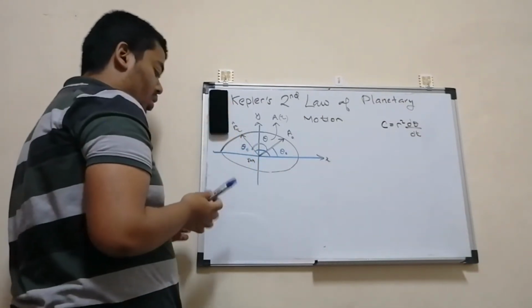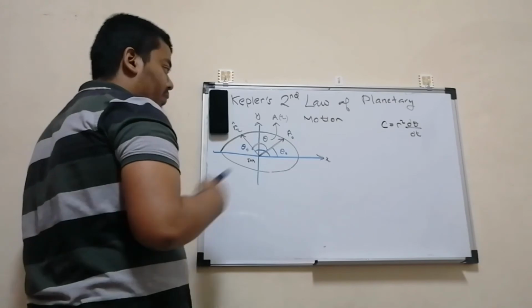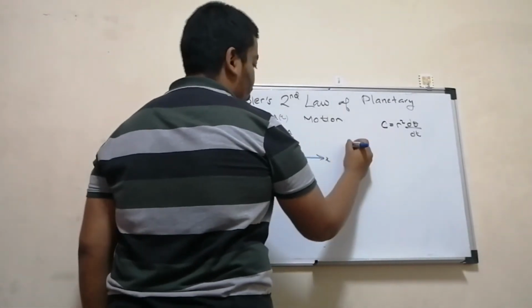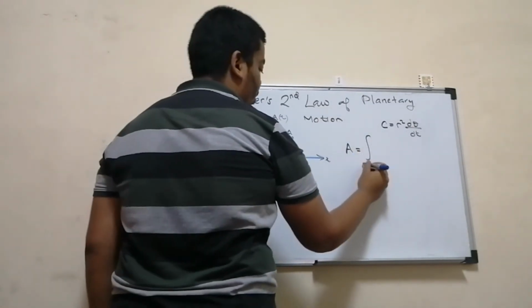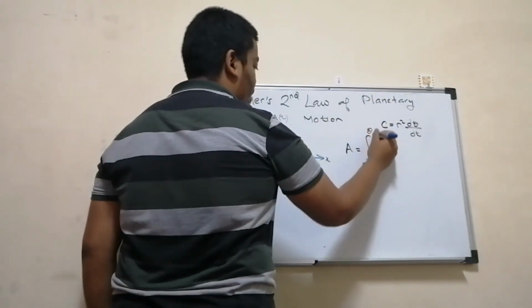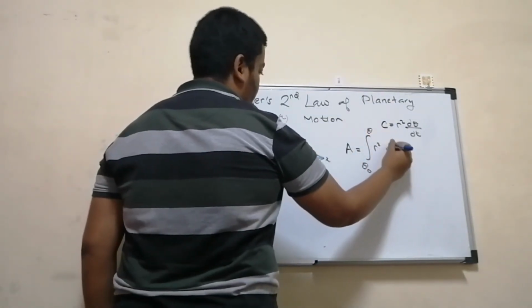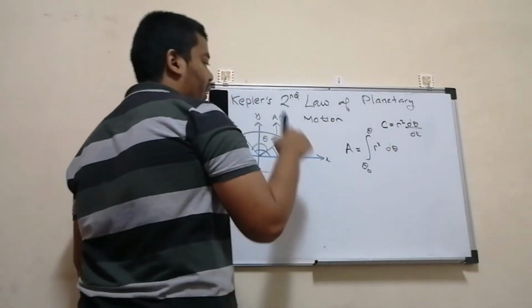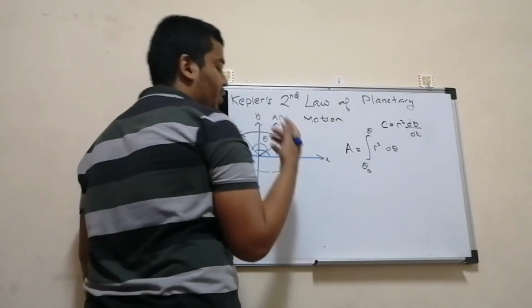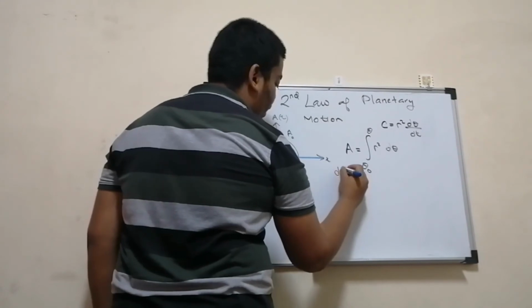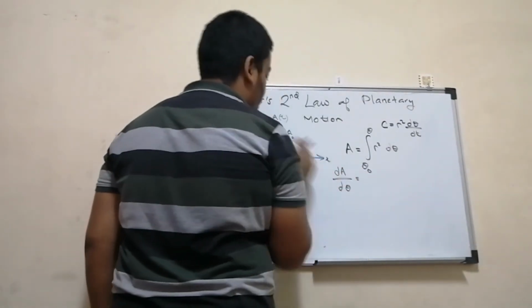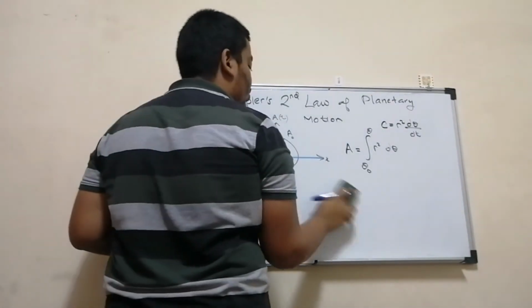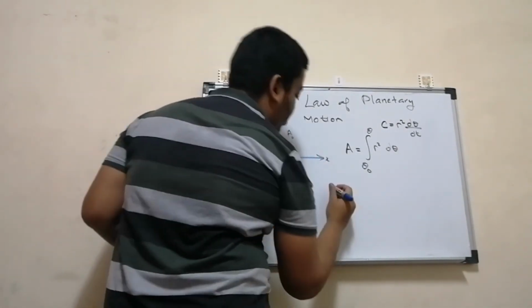So, if you guys remember, area was given by A is equal to the integral from theta initial to theta final of r squared d theta. I'll differentiate both the sides with respect to theta, so it will be dA over d theta. Let me just write it down a little bit below so that it does not get overlapped.